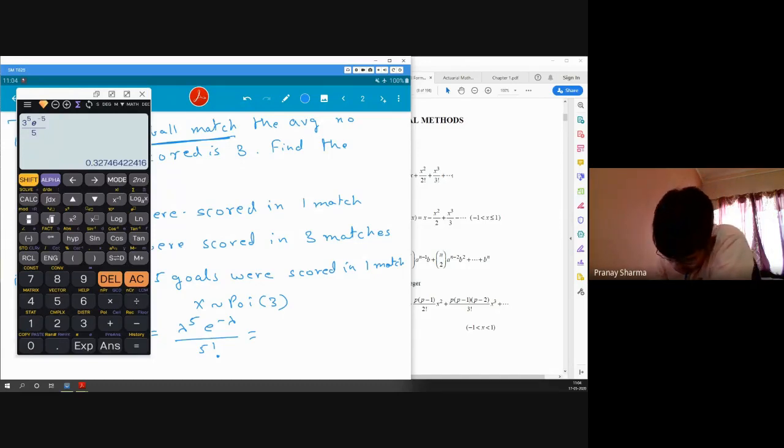Now factorial, you will find the factorial sign above x raised to minus 1 on the calculator. You will press shift and then that x raised to minus 1, and you'll get the factorial sign. I made a mistake. Here it should be e raised to minus 3, because our lambda is equal to 3.